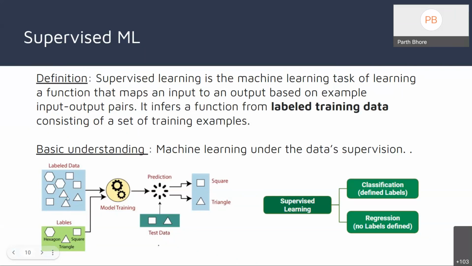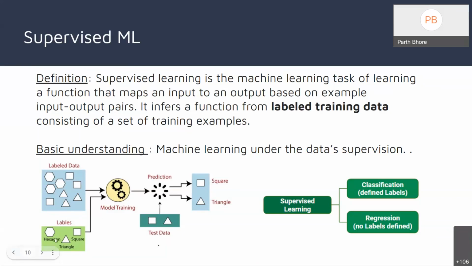Using that, the program can identify and classify the data into different categories, and using that, a model can be established. Once a model is programmed, we can give different test data. Once we give it test data, it can predict using the model whether it is a square or triangle.